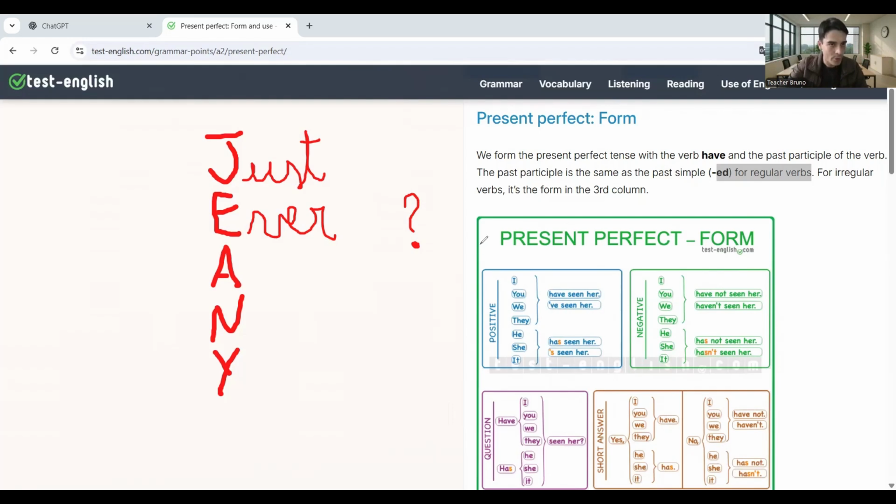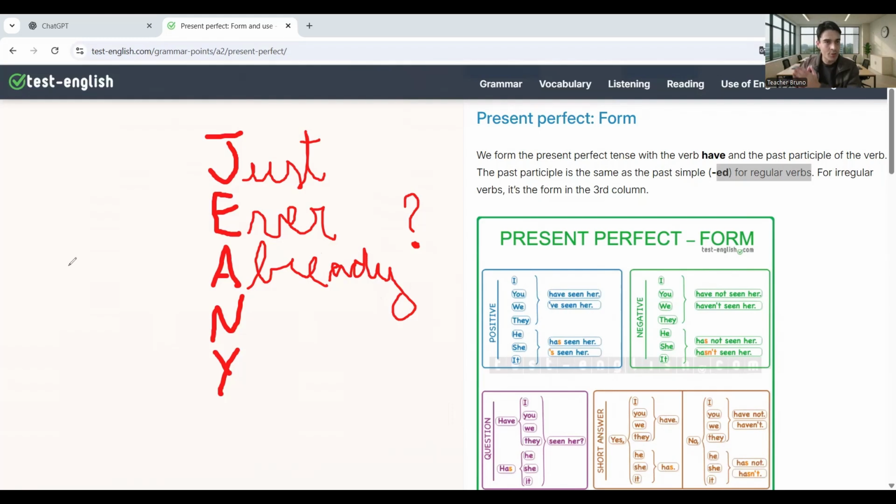The next ones here are always and already. Once again, indirect continuation of time. I've already done my homework. Since the moment I gave you the activity up until the present instant, I've already done it.